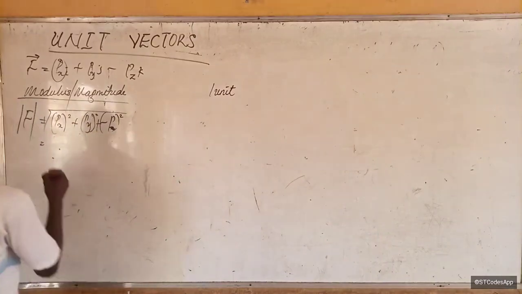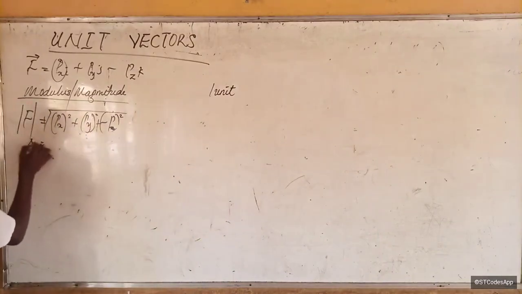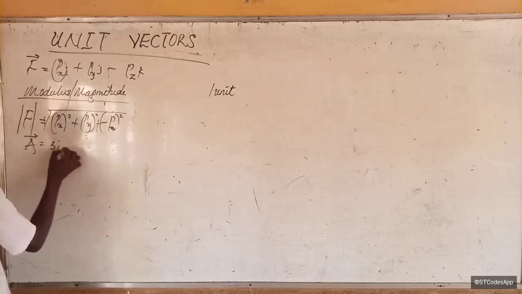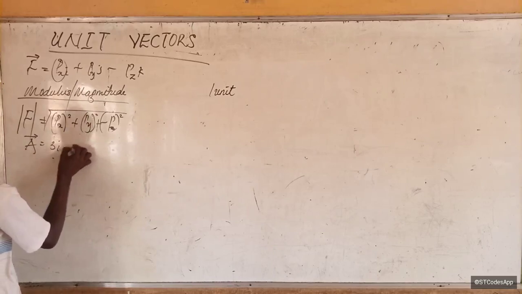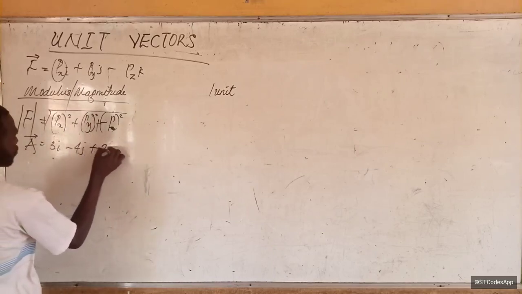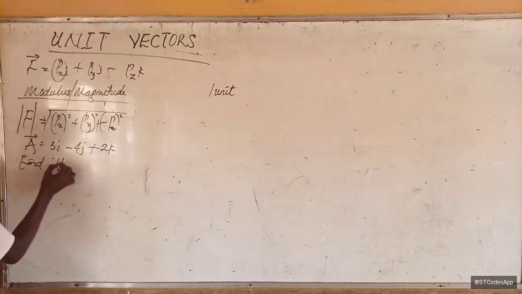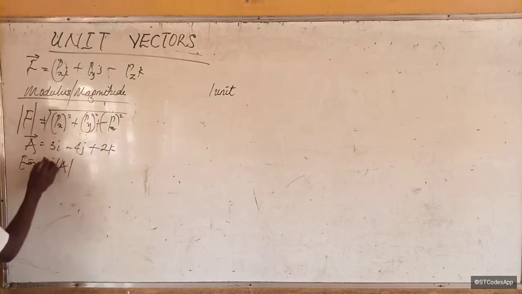So for example, if I said a vector A is represented by 3i minus 4j plus 2k, and I say find the magnitude, find the modulus.